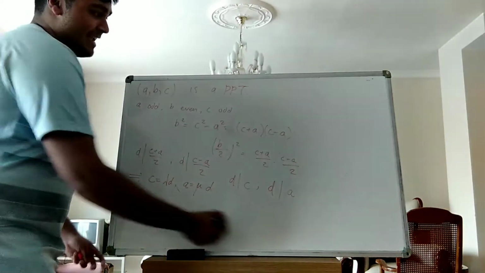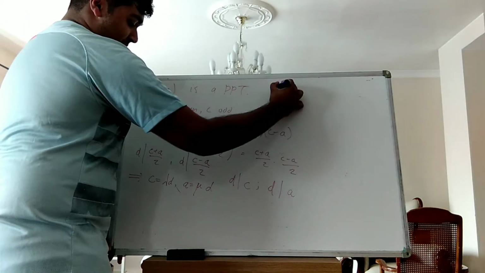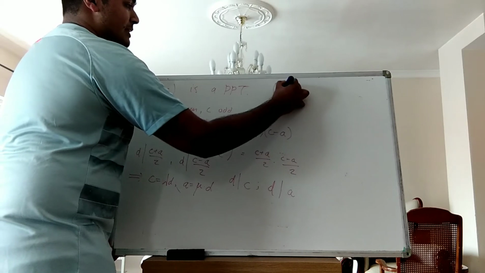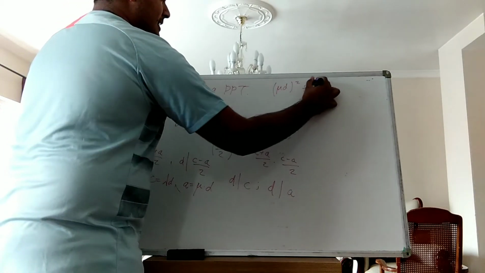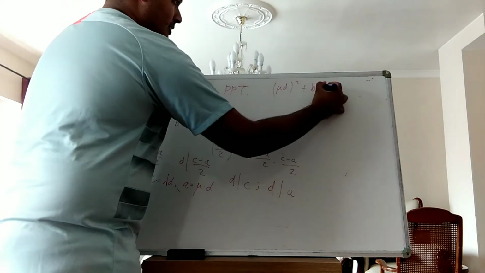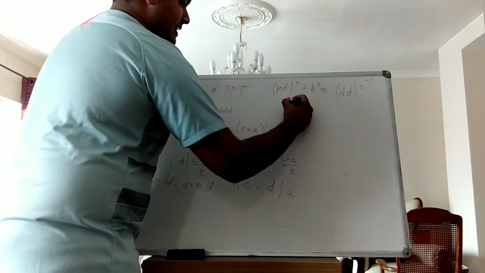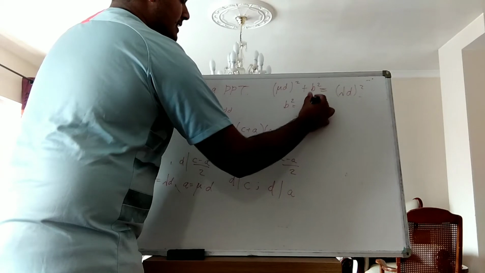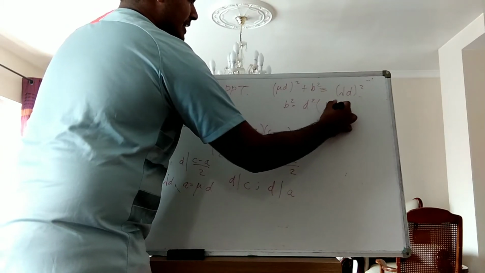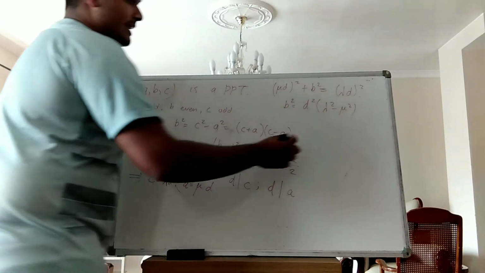But then putting that back into a squared plus b squared equals c squared, I get a squared, which is (mu d) squared, plus b squared equals c squared, which is (lambda d) squared. So just rearranging this, I get b squared equals d squared times (lambda squared minus mu squared).